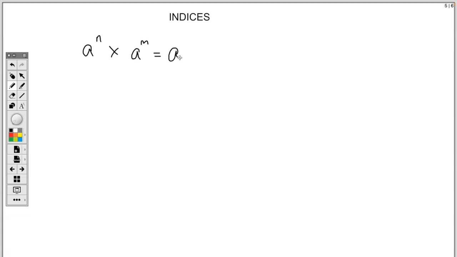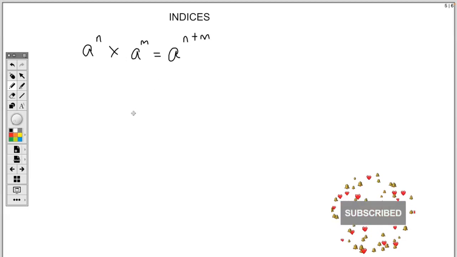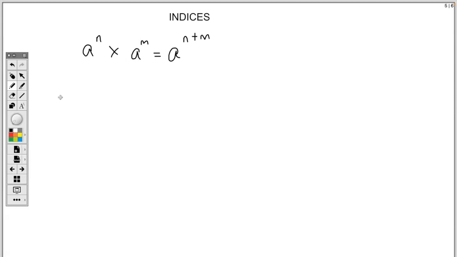Now the rule says when you multiply and we have the same base, we add the powers. So n and m represents the power and we add them. For example, I could have 3 raised to the power 2 times 3 raised to the power 5.